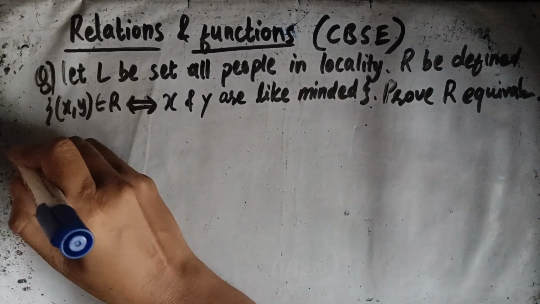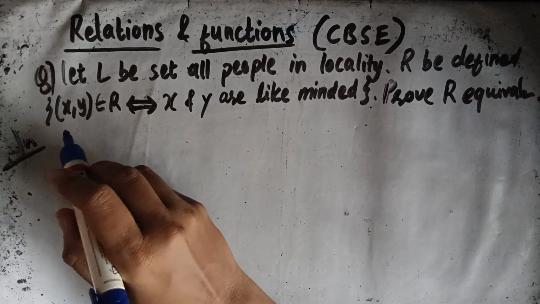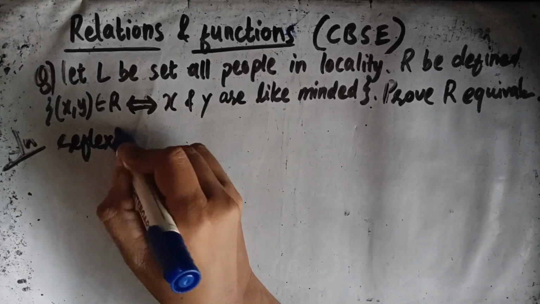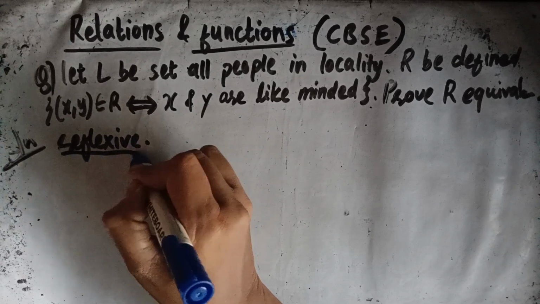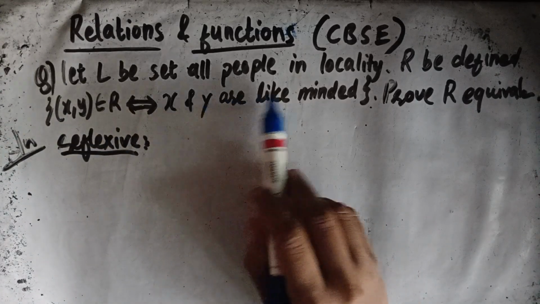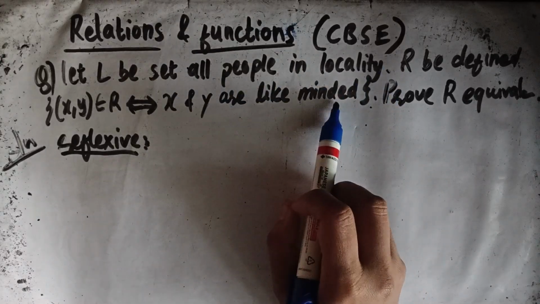Starting with reflexive. First, L is the set of all people in the locality, and x and y are like-minded people.